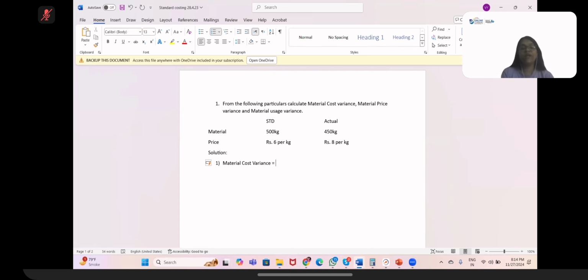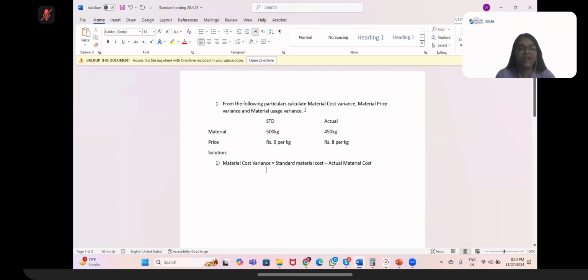So when you calculate material cost variance, remember this formula, okay? So this is an addition to your formulas. Standard material cost minus actual material cost. So what is the formula for material cost variance? Standard material cost minus actual material cost.